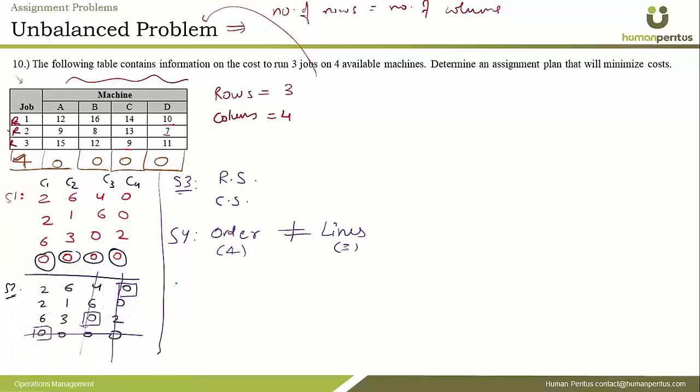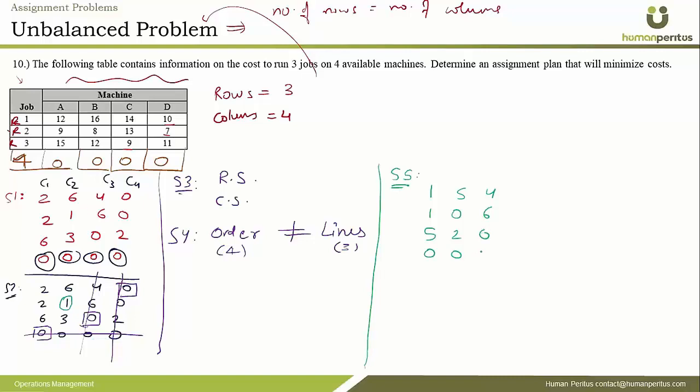Okay, so step 5. What is step 5? I have to look for the smallest value from all of these terms, and that is 1. And I have to subtract this 1 from all the unassigned terms: 1, 1, 5, 0, 5, 0, 2, 0, 4, 6, 0.